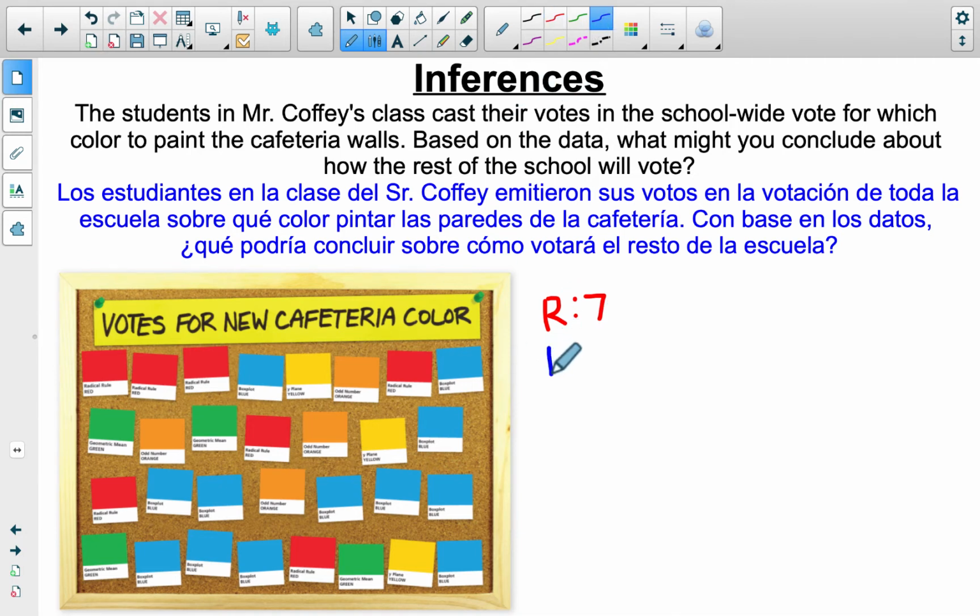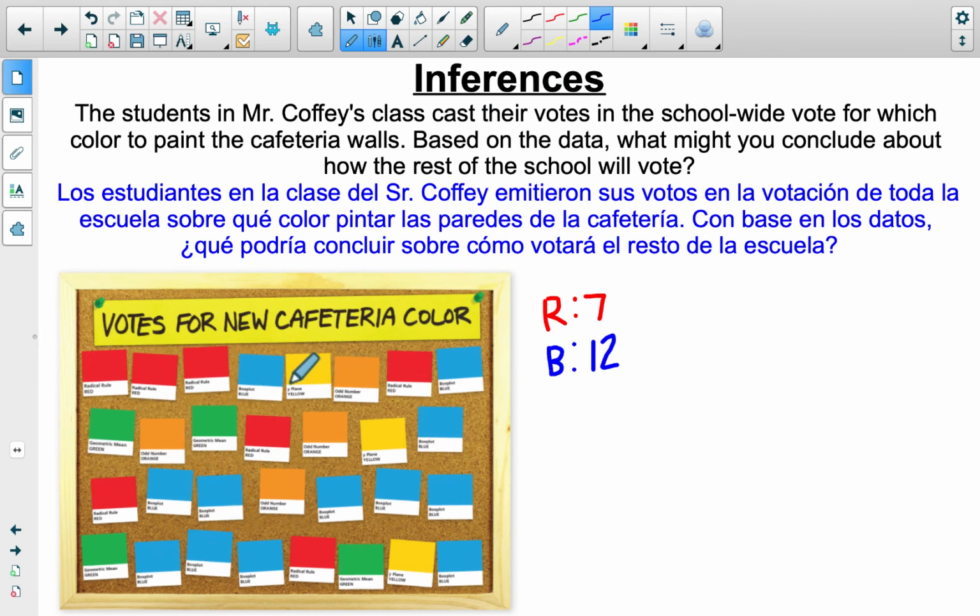I'm going to look at blue next. And I'm going to color coordinate these just for organization. We got 1, 2, 3, 4, 5, 6, 7, 8, 9, 10, 11, 12. So blue seems to be the most popular. I'm going to count that a second time to make sure no errors are made. 1 through 12.